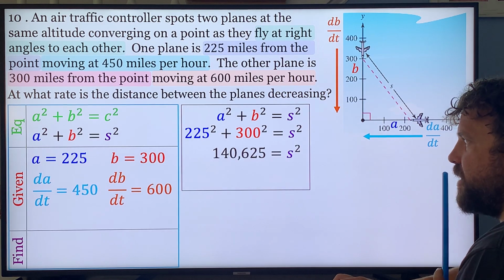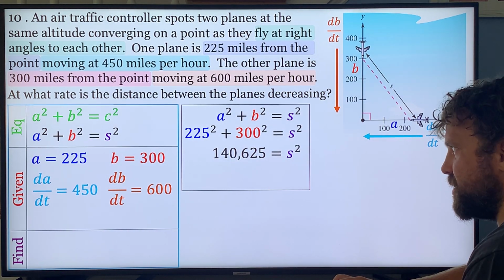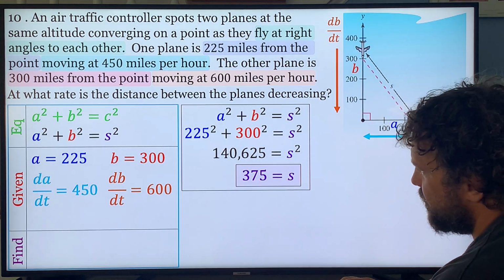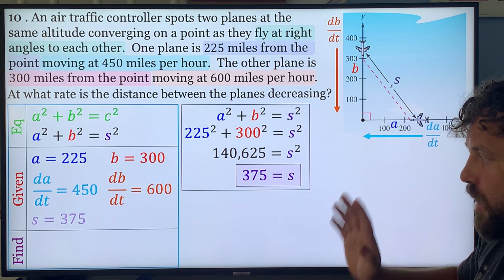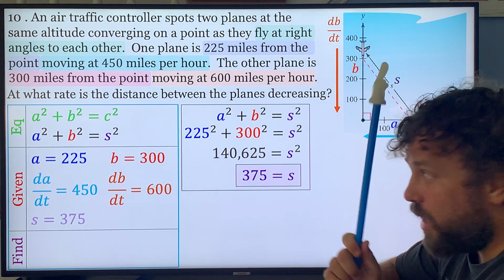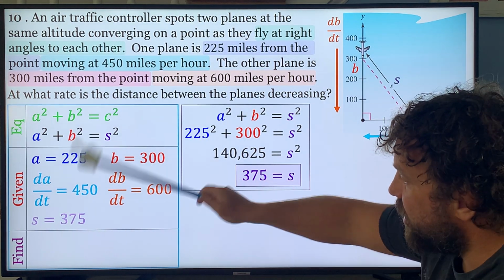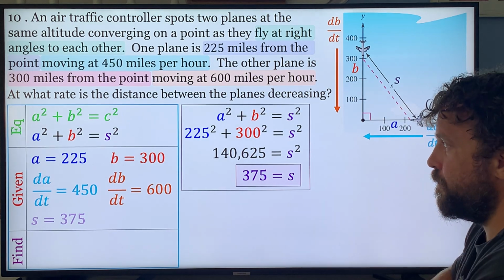Square those in your calculator and add them. You get 140,625. The square root of that is 375. So when and only when A is 225 and B is 300, S is 375.